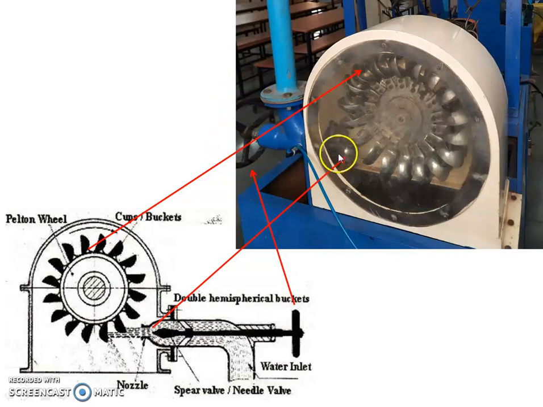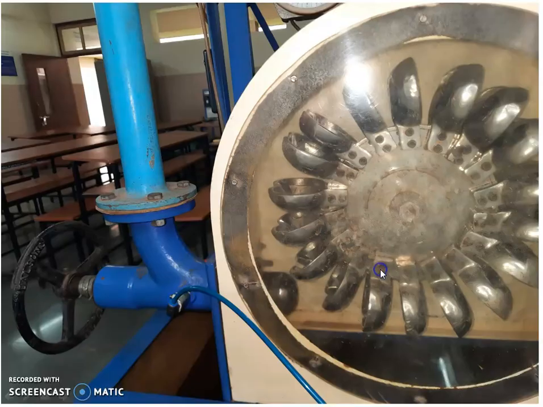This is the nozzle. At the center there will be the shaft. This is the runner, and these are the buckets or cups. So this is the enlarged figure which we can see. Here we can see the wheel which is used to regulate the flow of water. This is the inlet pipe.